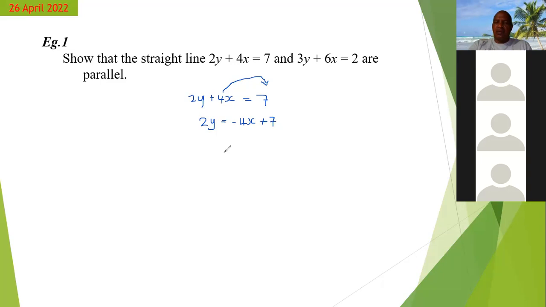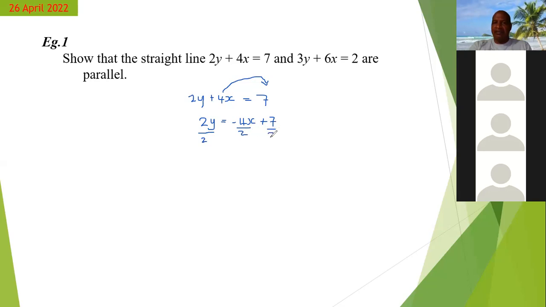All right, so next we want to get rid of the 2 in front of the y. If you're multiplying the y by 2, then you have to divide both sides by 2. Each of these terms can be divided separately by 2.